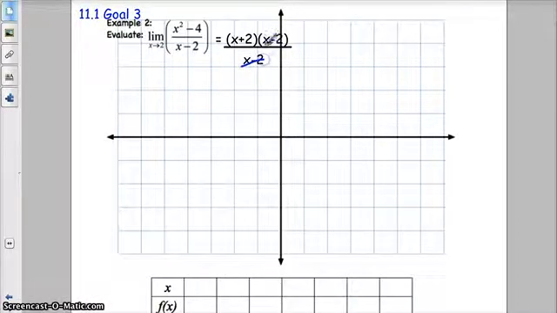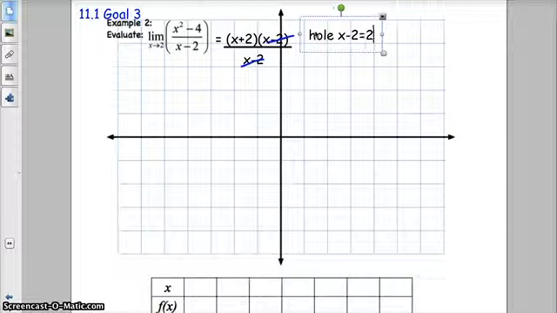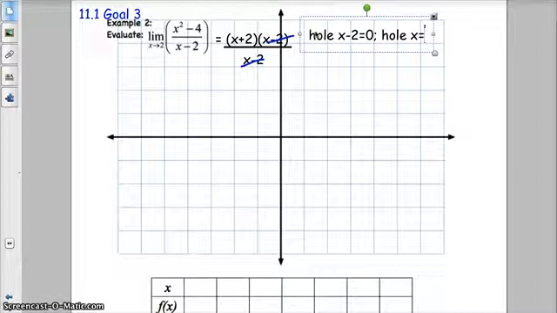So that tells me that there is a hole where x minus 2 equals 0. So we know that there is a hole at x equals positive 2.